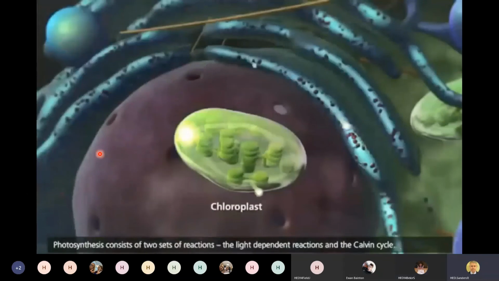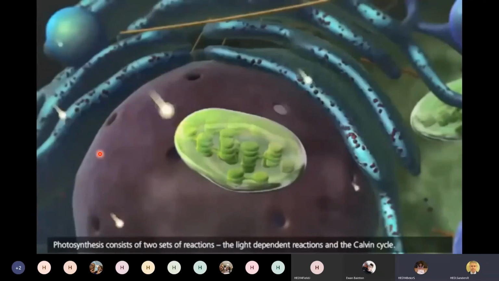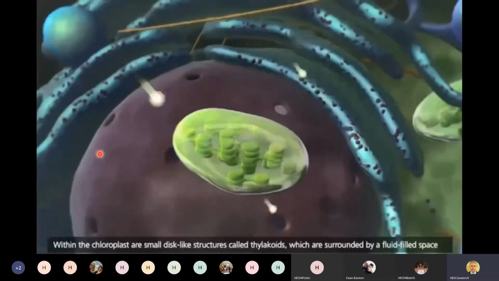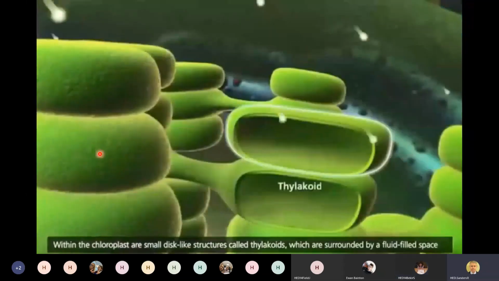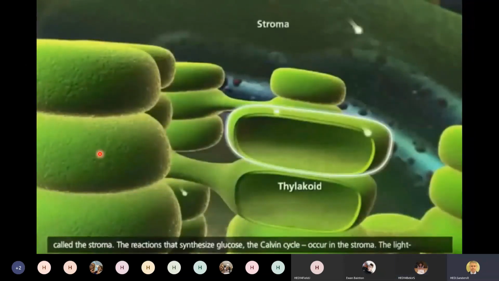Photosynthesis consists of two sets of reactions, the light-dependent reactions and the Calvin cycle. Within the chloroplast are small disc-like structures called thylakoids, which are surrounded by a fluid-filled space called the stroma. The reactions that synthesize glucose, the Calvin cycle, occur in the stroma.